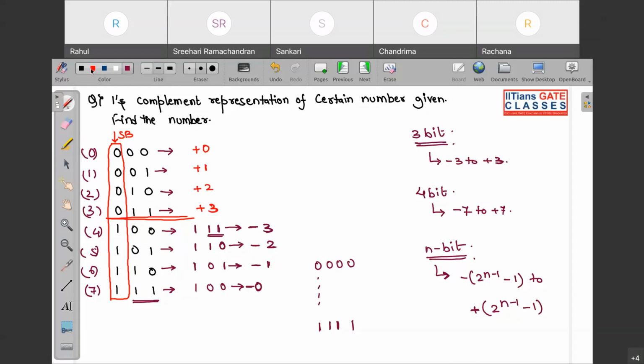One more thing to note here is that in one's complement representation, we have different representations for +0 and -0.